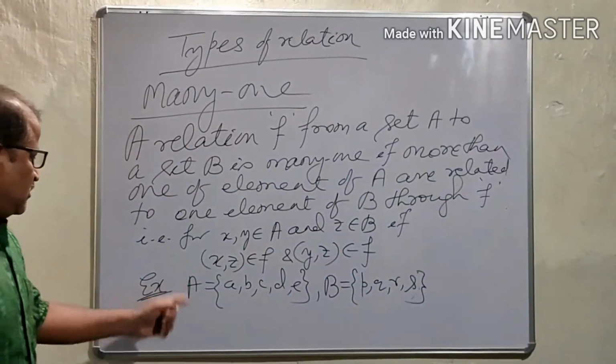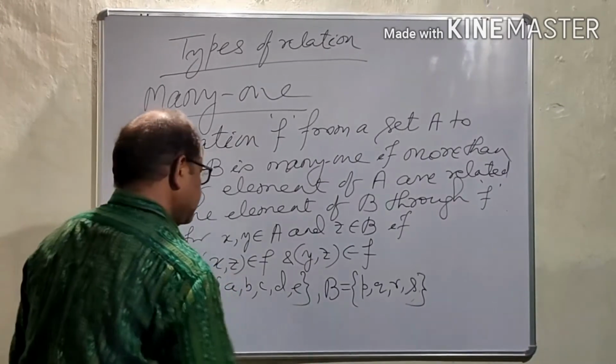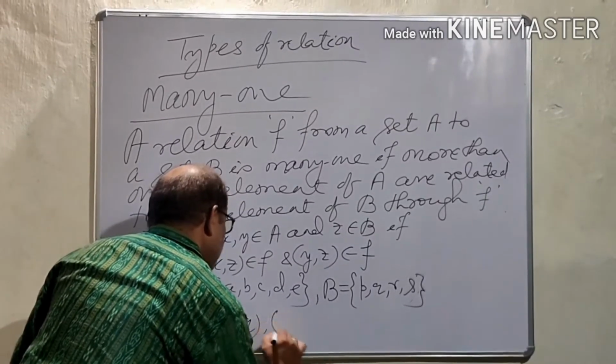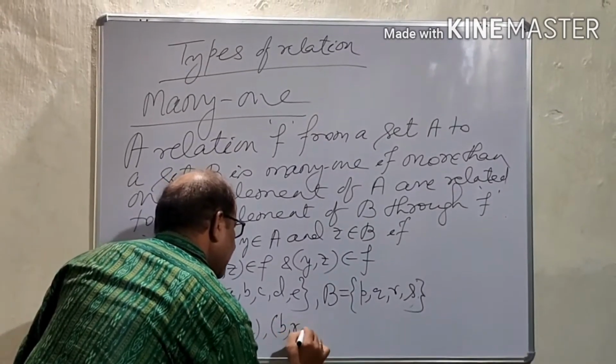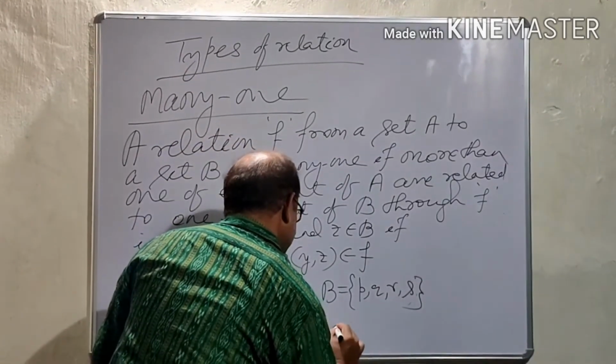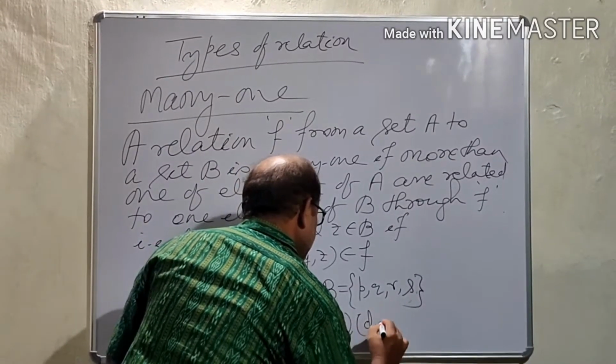I will form a relation F1: (a, q), (b, r), (c, q), (d, s).